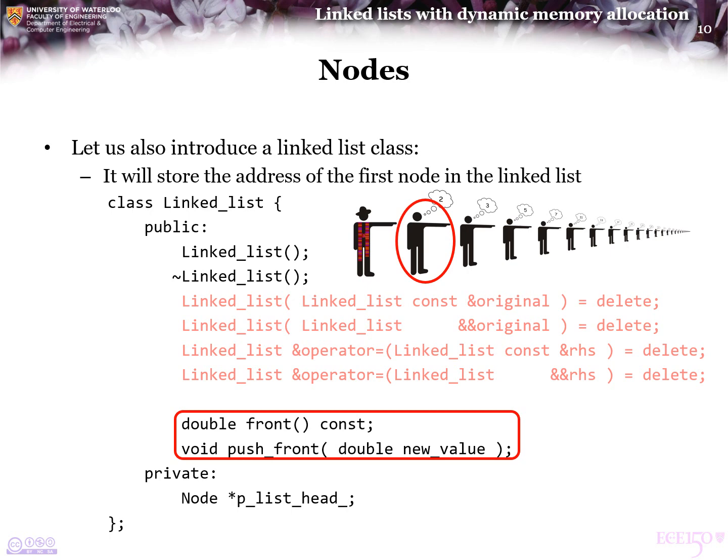The member function push front will take as an argument a new value, and that member function will create a new node and put that new node at the current front of the linked list. So what used to be the front node will now become the second node in the linked list.